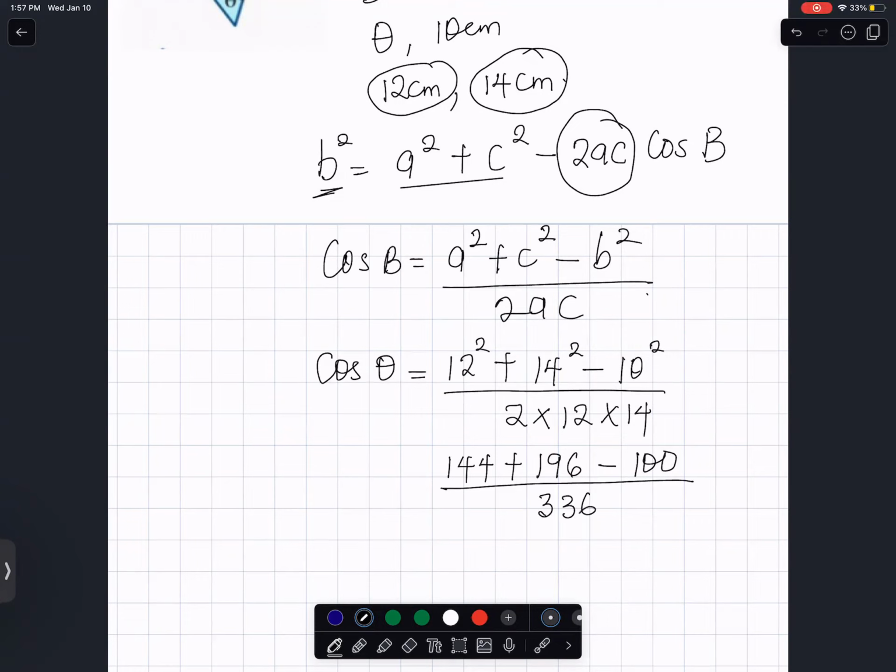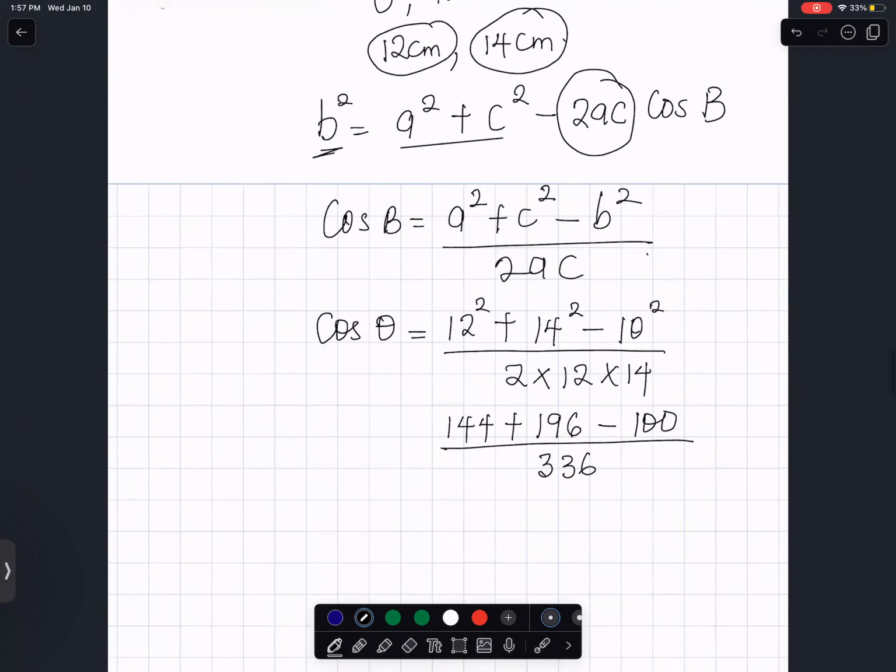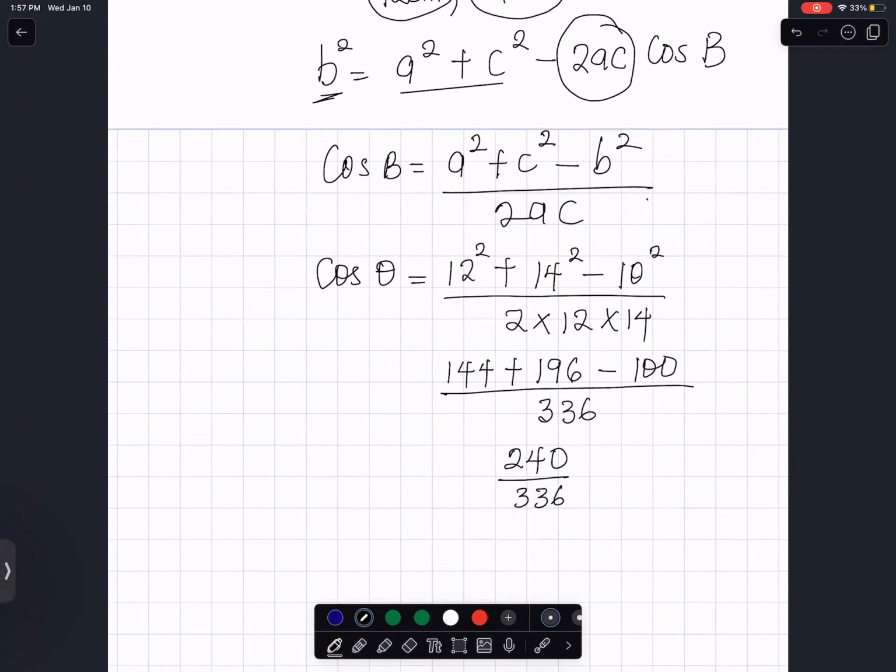So adding 144 plus 196, then minus 100 gives us 240. So we have 240 divided by 336. So 240 divided by 336 gives us 0.714. So we have our cos theta as 0.714.